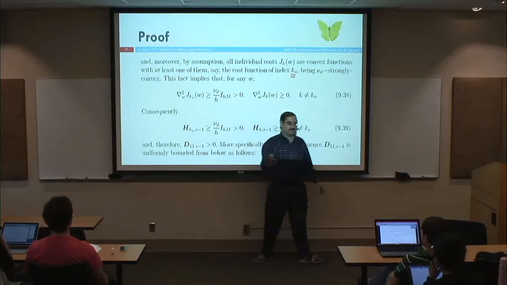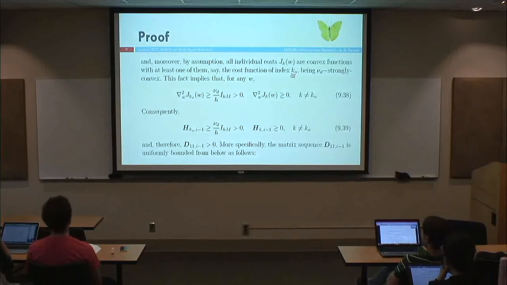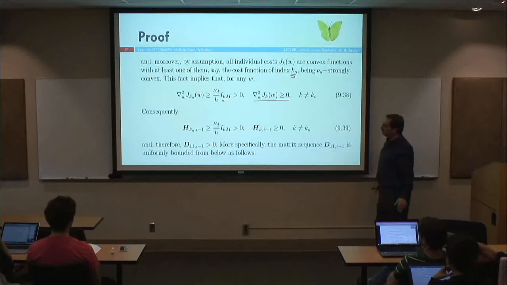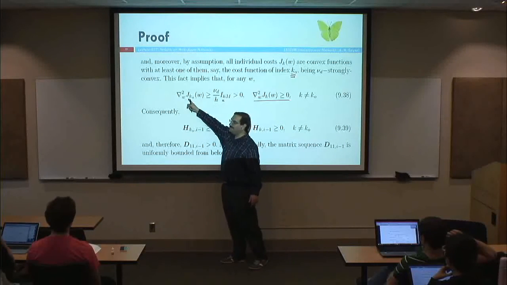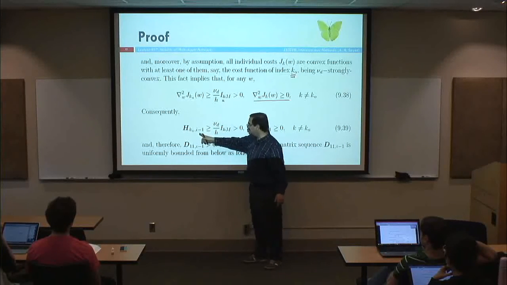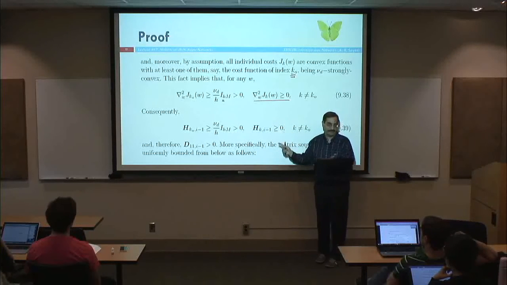For some constants. So here I'm using the H, you see that, right? The other Hessian matrices, all I can say is they are non-negative, right? So, because this matrix is an integral involving that, this matrix will be sufficiently away from 0. The others are non-negative.